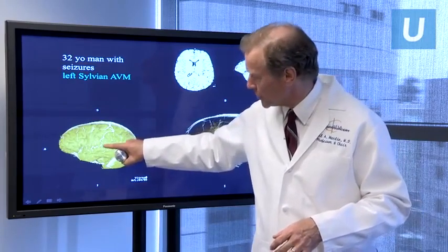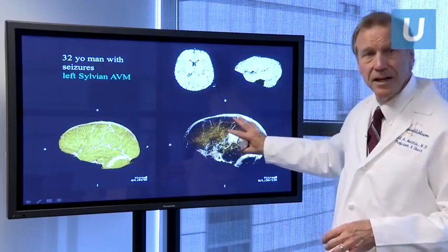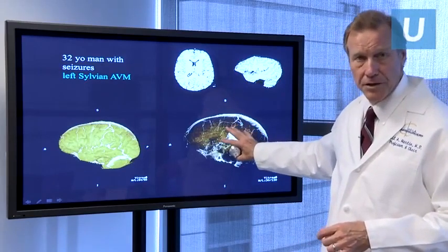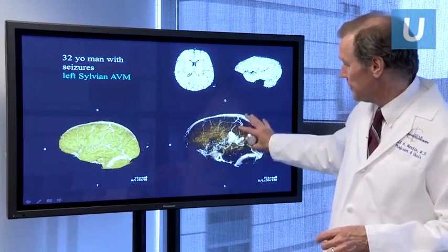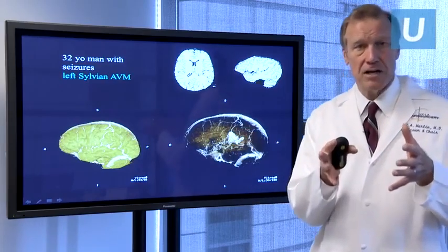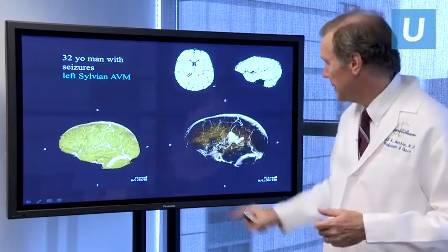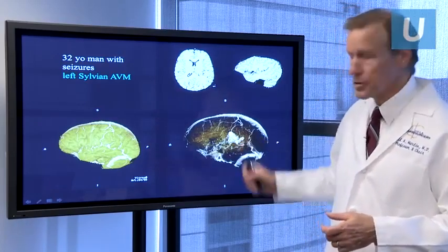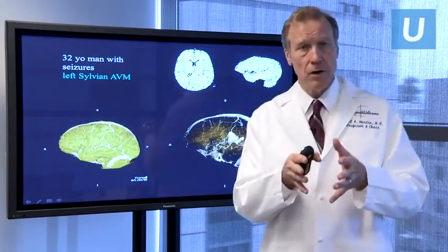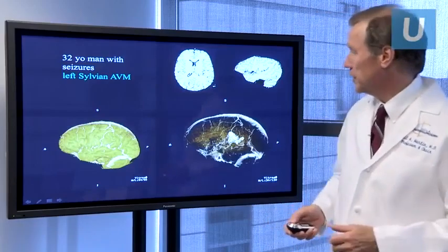So we can go down this cleft and identify this view. We've now subtracted digitally from the MRI scan the brain tissue so we can just see the blood vessels and see the AVM clearly in this, it's almost like a 3D X-ray vision view of the brain that allows us to plan very precisely where we need to enter the brain, how we need to deal with the blood vessels, and how the AVM can be removed completely.